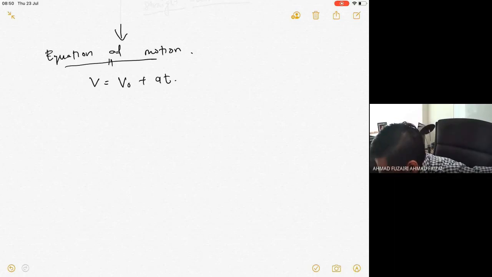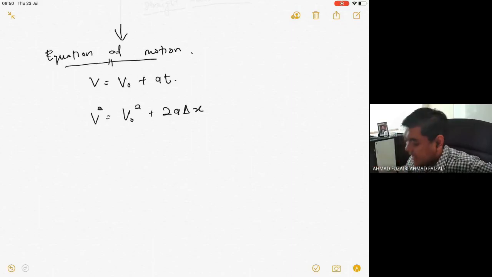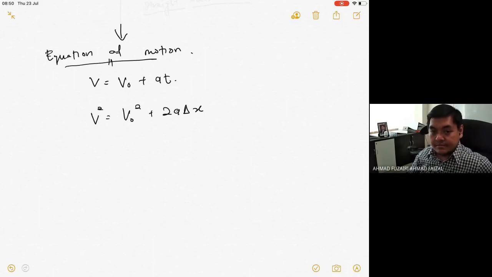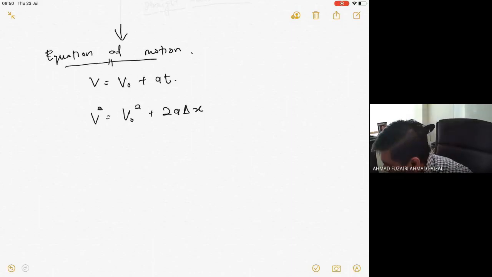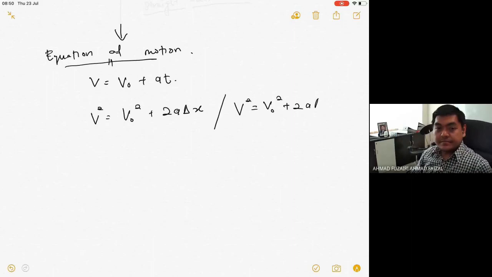We also have V square equals V naught square plus 2A delta X. Maybe we can write this in terms of delta Y, V naught square plus 2A delta Y. You know why I use delta X or delta Y?